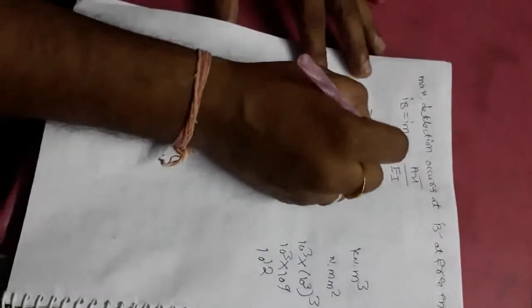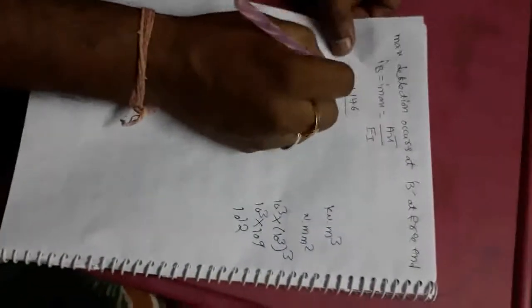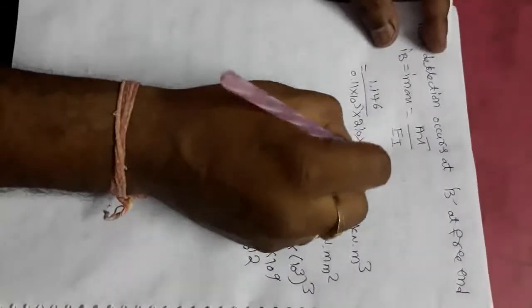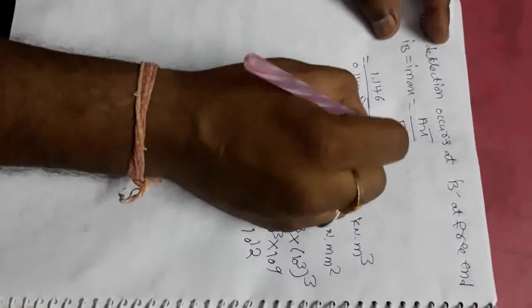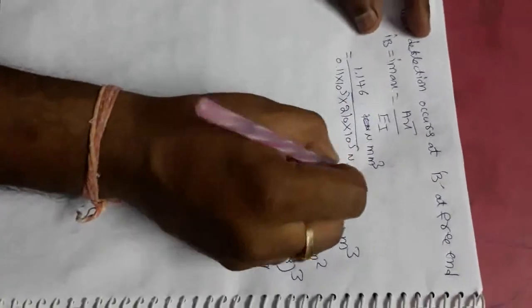A x bar is 1.146, and EI: E is 0.11 into 10 to the power of 5, and I is 210 into 10 to the power of 5. These units are Newton into mm square.